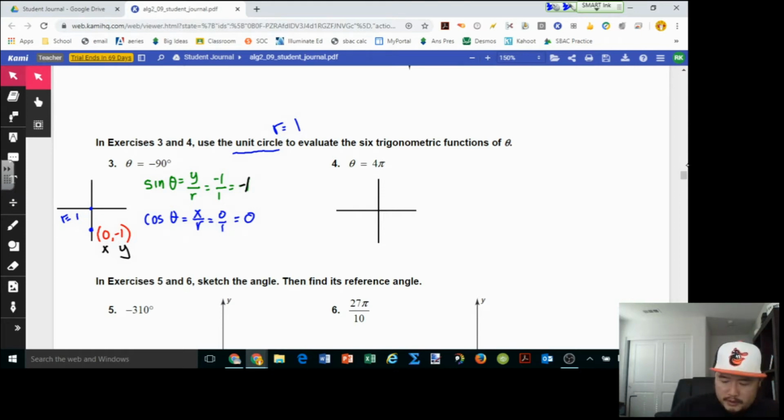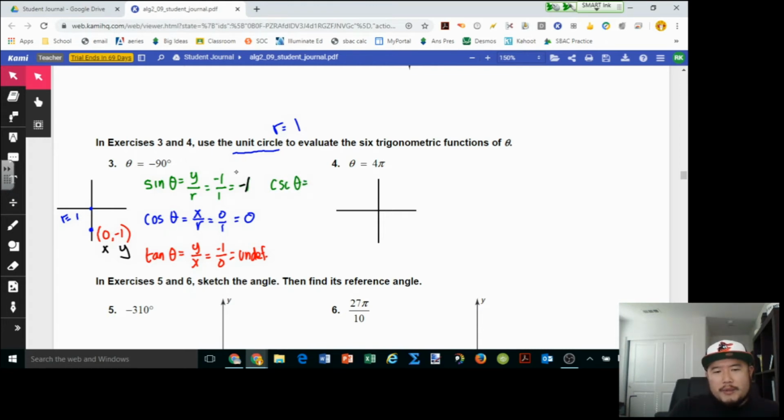Next up, let's take a look right here at tangent theta. And for tangent theta, we have ourselves y over x. y is equal to negative 1, x is equal to 0, and hopefully we remember that negative 1 divided by 0 ends up being undefined. All right, so that'll be our solution for tangent theta. Let's go to the inverse of sine, which is cosecant. So we'll have right here cosecant theta.